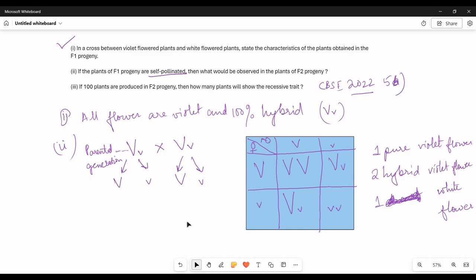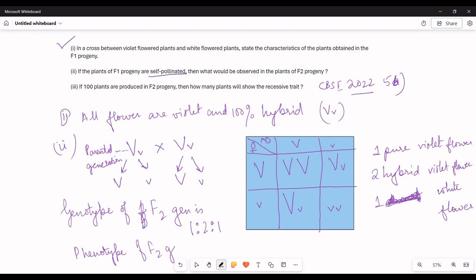So we can say that the genotypic ratio of the F2 generation is 1:2:1, and the phenotypic ratio of the F2 generation is 3:1.